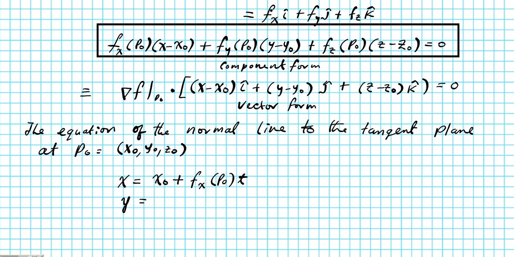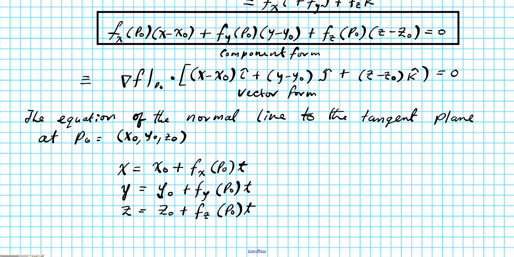And then the y component is going to be y sub 0 plus the partial in the y direction at p sub 0 times t. And then z equals z sub 0 plus the partial in the z direction at p sub 0 times t. All right, so this is going to be the equation of the normal line, and that is the equation of the tangent plane.